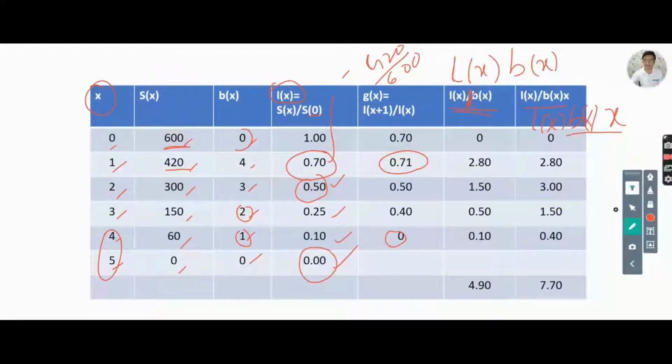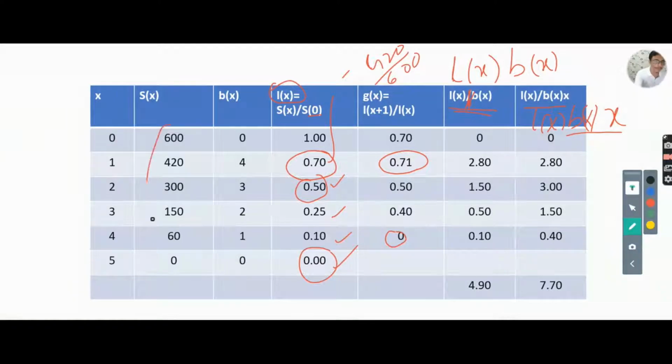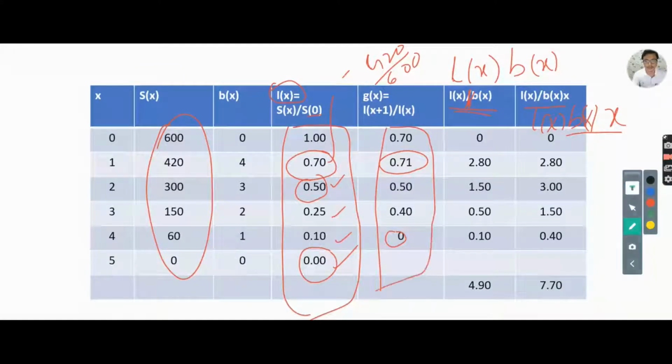Once you have this data, you can see this zone, this data 600, 420, 300, 150 and 60. If this data is given, you can generate all these derived data from this Sx.